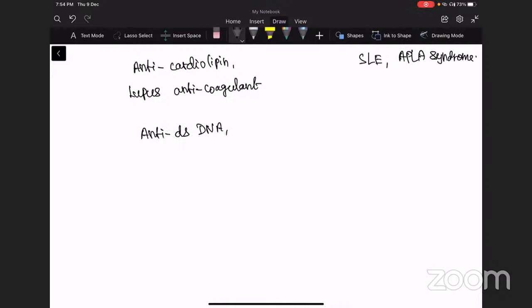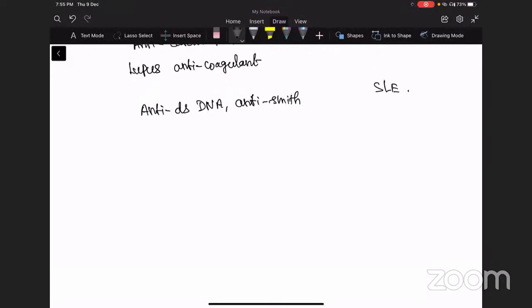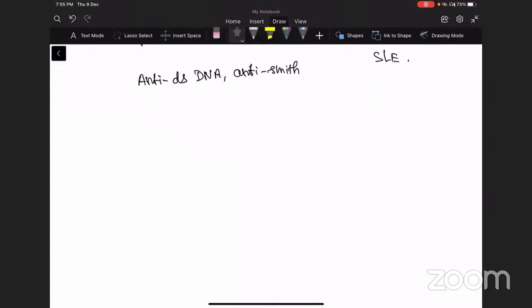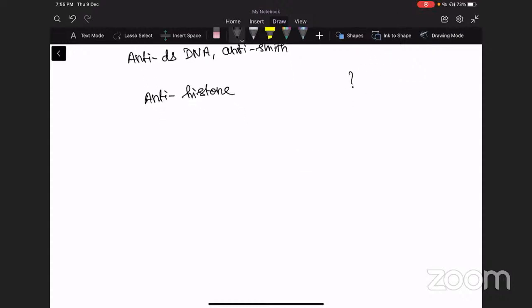Anti-dsDNA, anti-Smith, SLE. Anti-histone is associated with which disease is my question, has been asked in the exam previously. Anti-histone antibody is seen with... Anti-U1RNP, seen with mixed connective tissue disease.